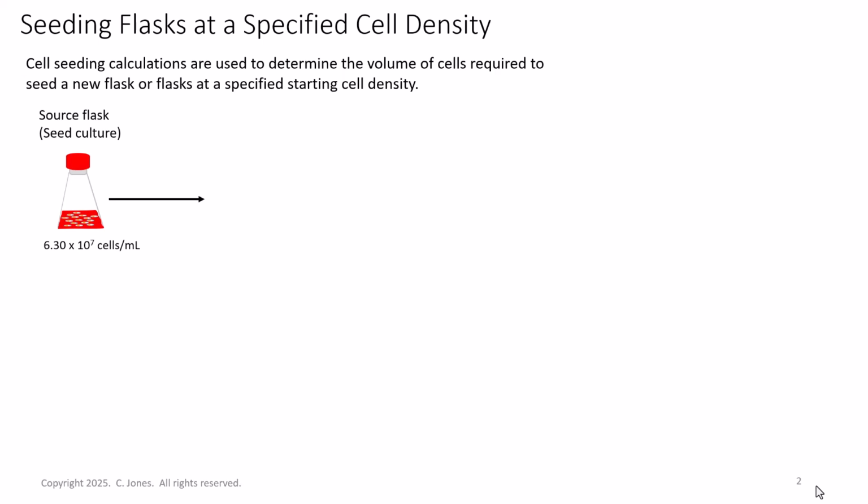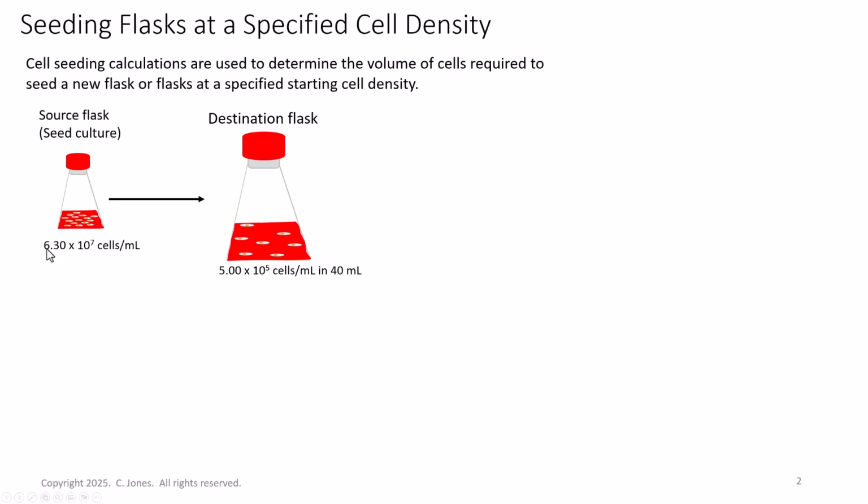So for example here, I like to call the initial flask the source flask. This is the flask that's going to supply the cells to seed the next flask, which is the destination flask. I've just arbitrarily made up some numbers here.